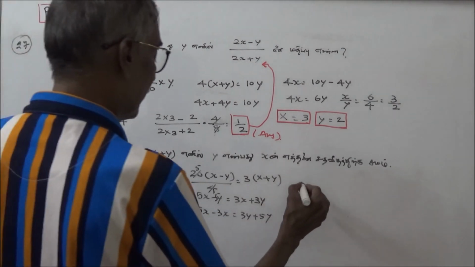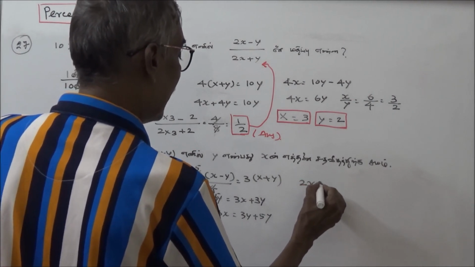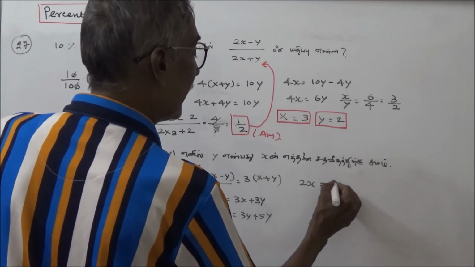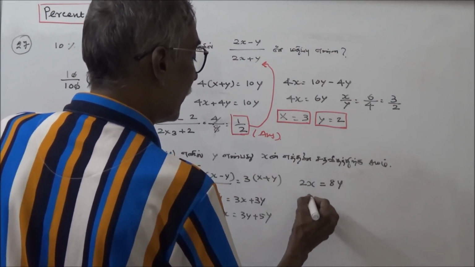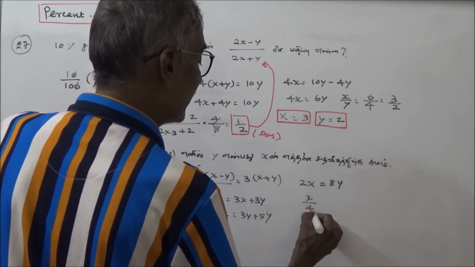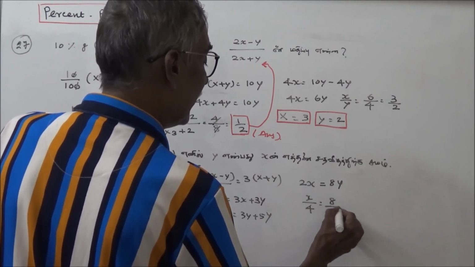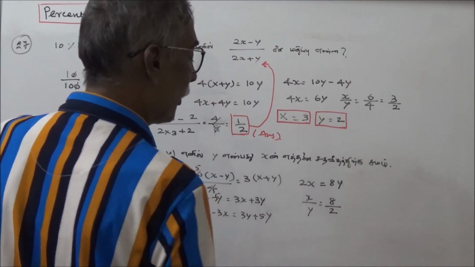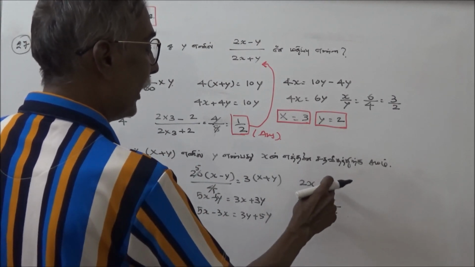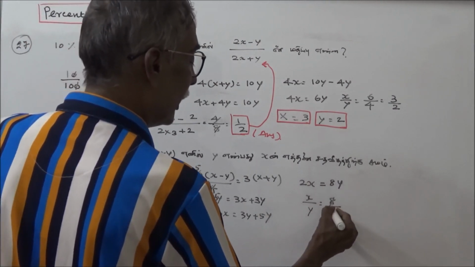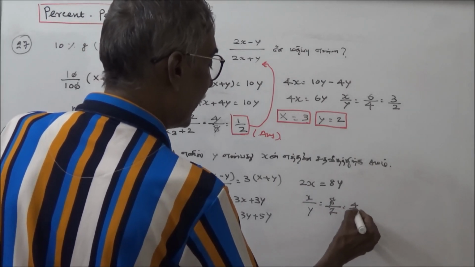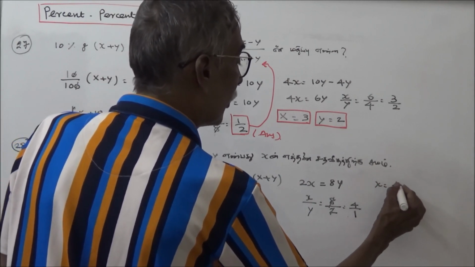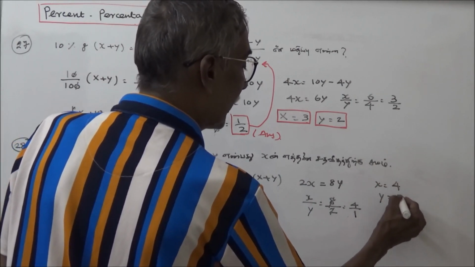So this will become 2x is equal to 8y. So x by y is equal to 8 by 2, this is 4 by 1. So x is equal to 4, y is equal to 1.